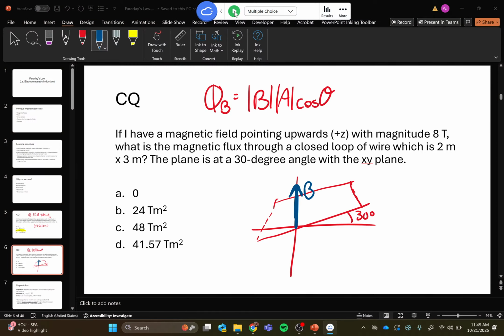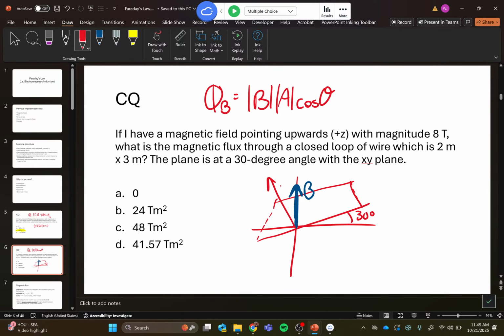All right, this is making sure you remember that's the area vector. This area vector is going to be 60 degrees. Why is it 60 degrees? Because of the picture. You got to be careful with those angles.